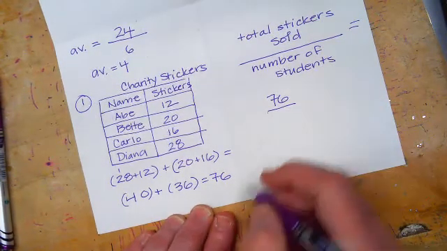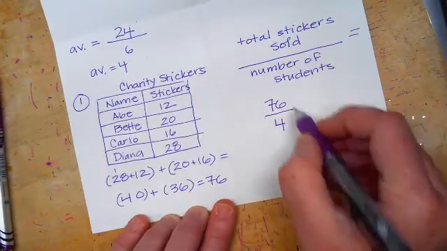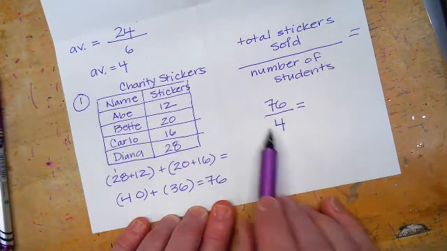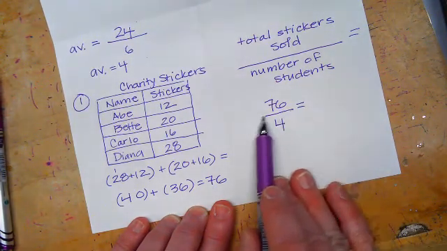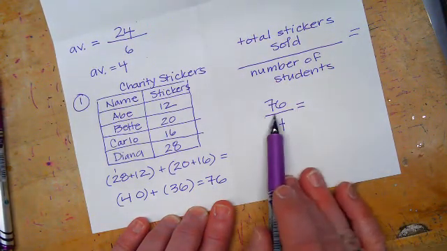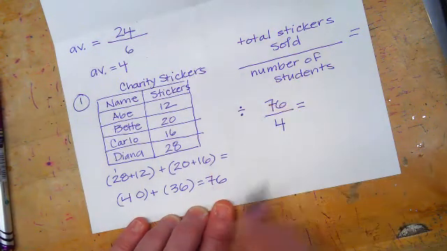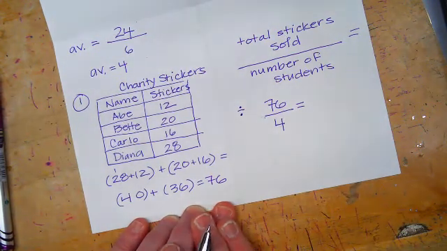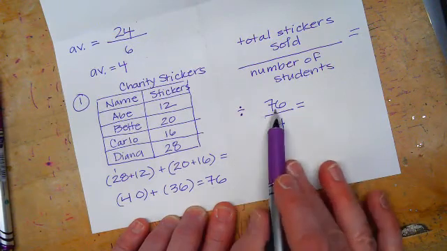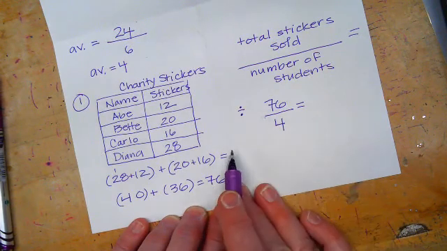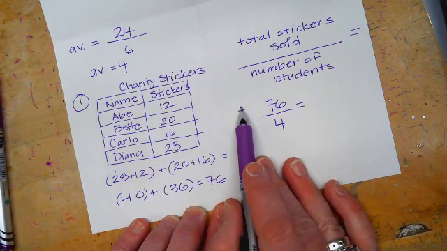Right? So I totaled them up and I got 76 stickers were sold, and there are 4 students. So you guys probably know that this fraction sign right here is also a division sign. It's the same thing as this, right?